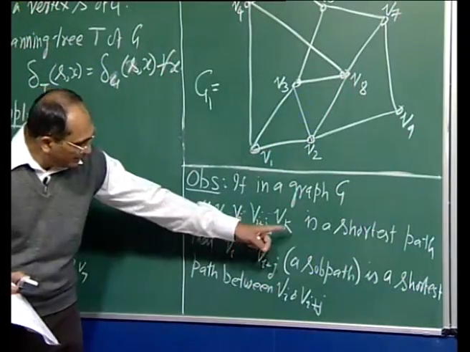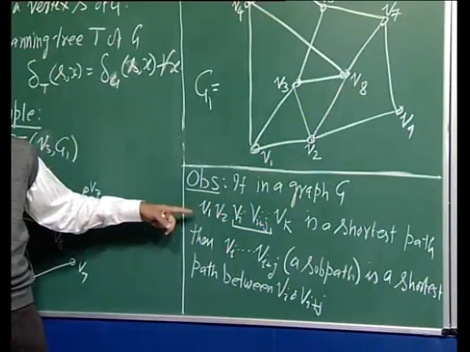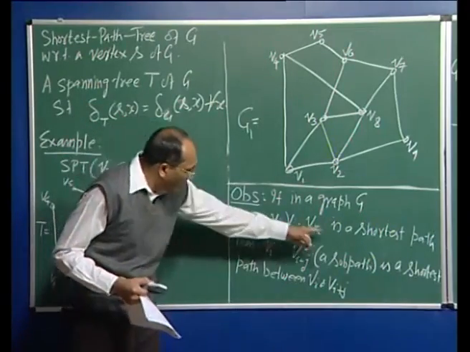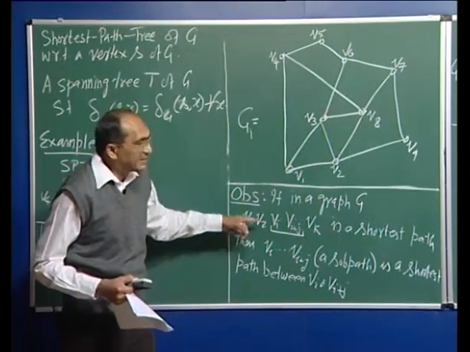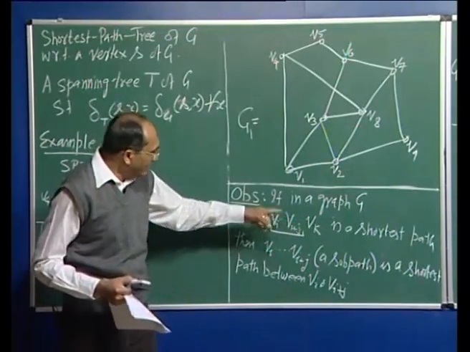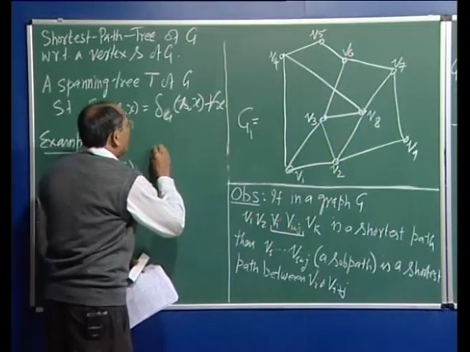Now, what will happen is the length of this structure will be lesser, although this may not be a path. If this is not a path, then there will be cycles in it. You can delete them.